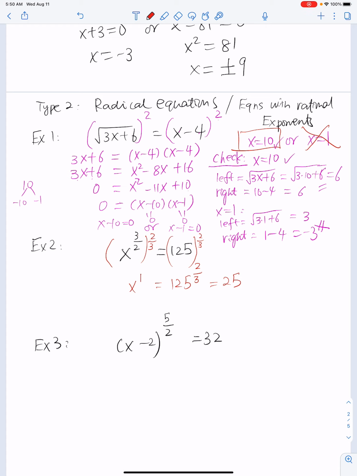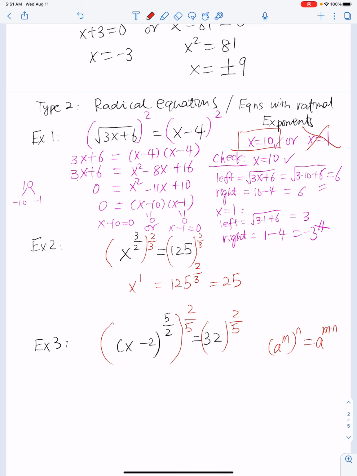You will know this is 25. Okay, similarly, how could you get rid of 5 over 2? Somebody? 2 over 5, yes. Because with a power to a power, you multiply the powers. Are you with me? So a to the m to the power n is a to the what? m times n.